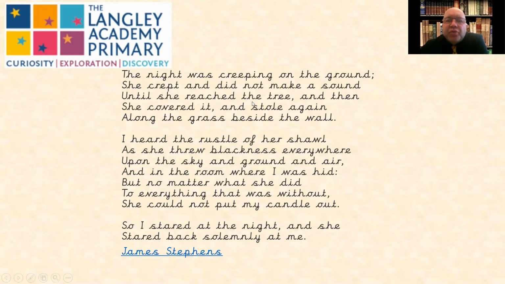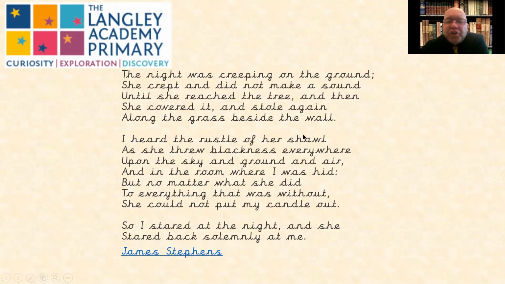Until she reached the tree, and then she covered it and stole again. So recognizing that it's moving along the floor, but even if objects like the tree get in the way, she covers that as well. So they fall into darkness. Along the grass and beside the wall, I heard the rustle of her shawl. Now, that's a surprising one, because falling darkness is silent.